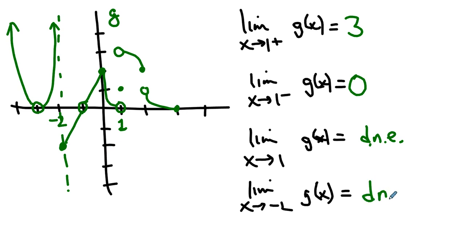And so this limit does not exist. But I will note that the limit as x approaches -1 is 0 because the limit from the left is 0 and the limit from the right is 0. And I hope that makes sense.